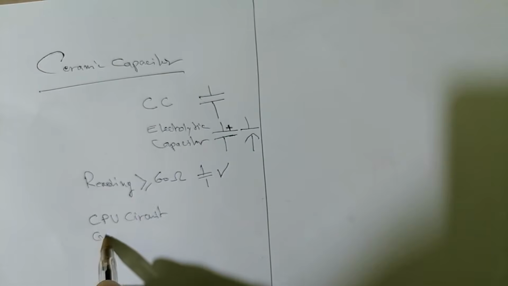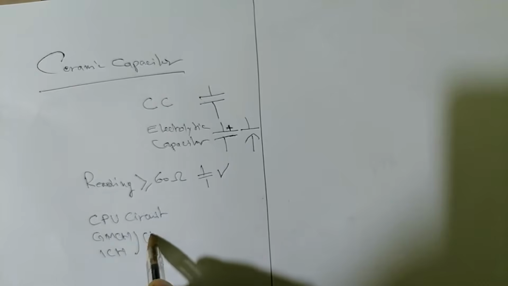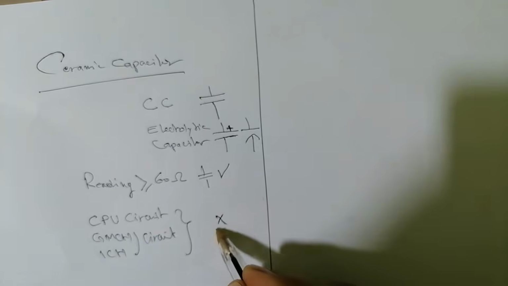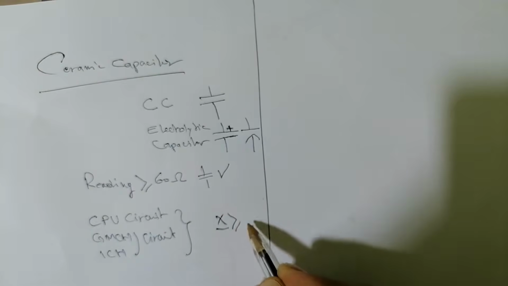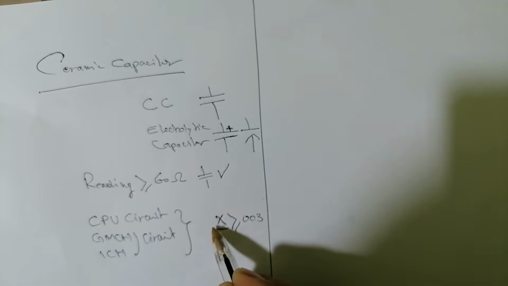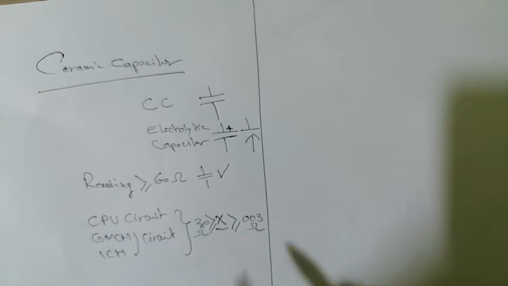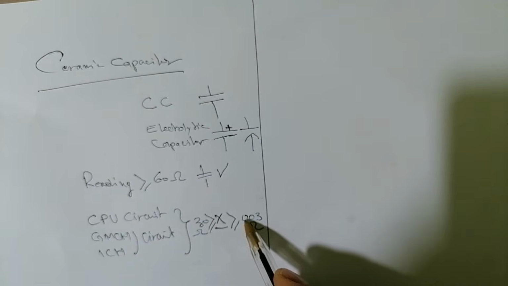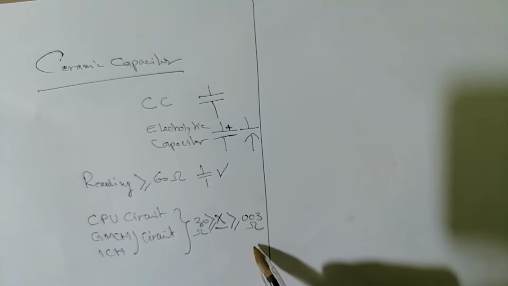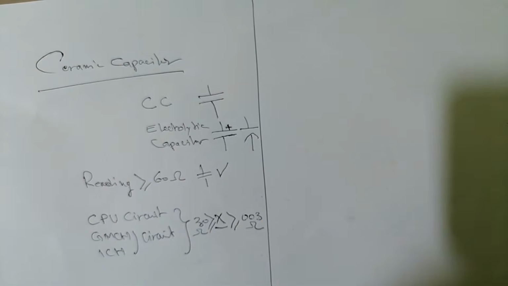But in the CPU circuit, and the GMCH and also ICH circuits, you can find the value is greater than or equal to 0.03, and 30 ohm. If you find 0.03 or 0.04 or even sometimes 0.02, it's okay, it's not a short circuit.